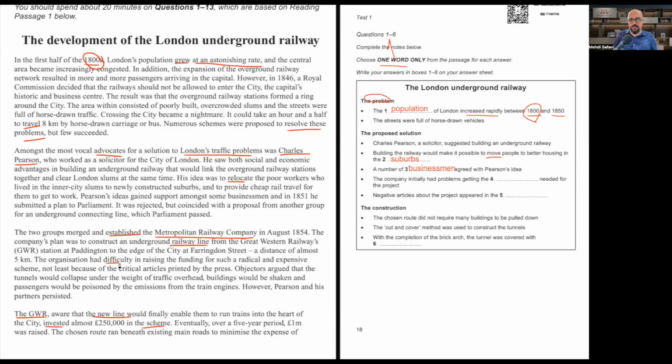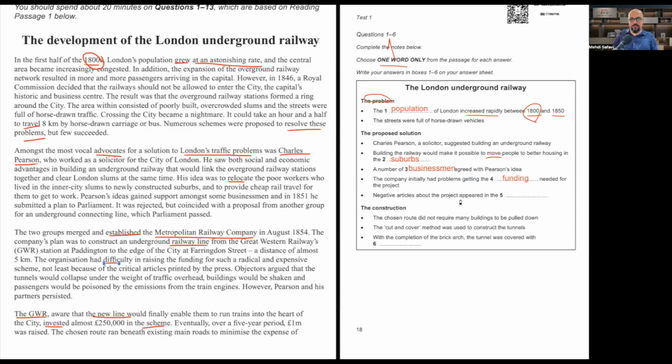I found a synonym here. Problems, difficulty. So the organization had difficulty in raising the funding for such a radical, inexpensive scheme. So what do we need? We need something that means money. So the answer is funding. So funding means money needed for the project. Cool. Remember, we only have one word to write, no more.